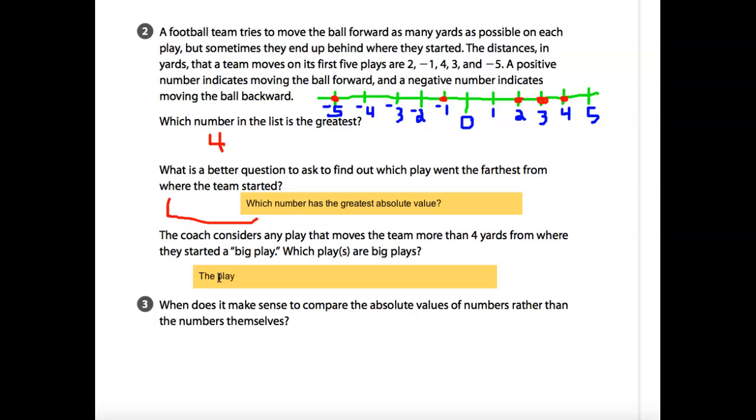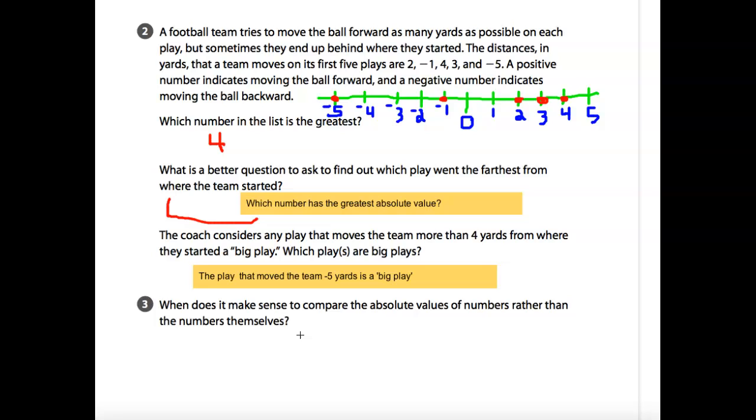The play that moved the team -5 yards is a big play, because that was actually 5 places from 0, or 5 steps from 0, 5 yards from 0 is what it was. 5 yards from 0, and that's a bigger distance than 4 yards from 0. All right, good. All right, now number 3.